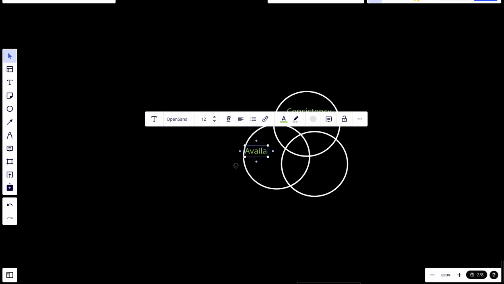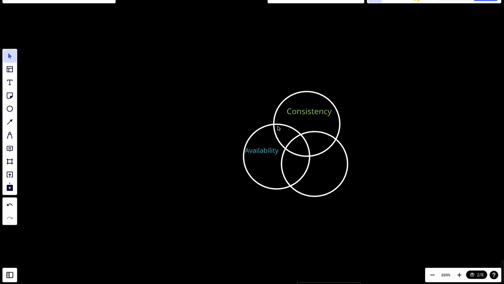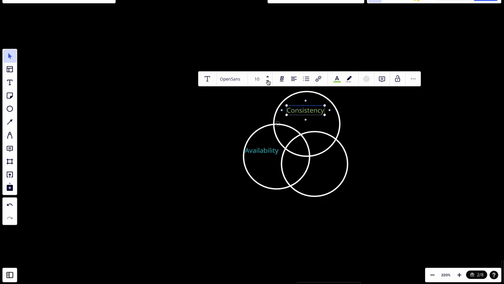Availability. It's not X, it should be Y. And let's give it this color and make it smaller.